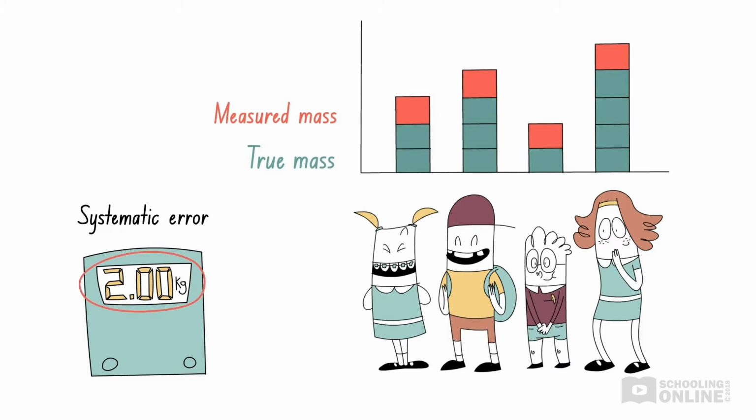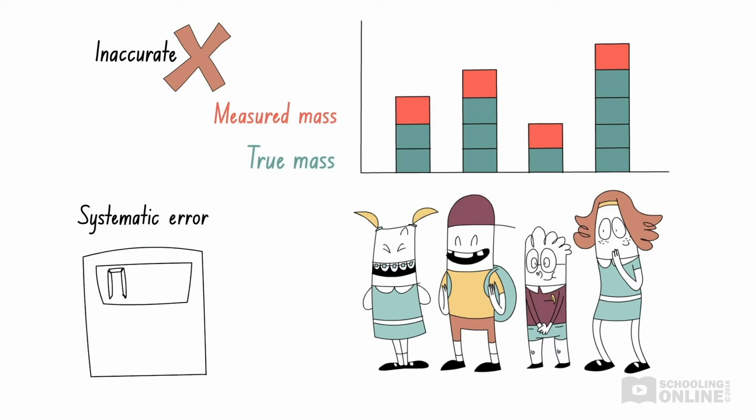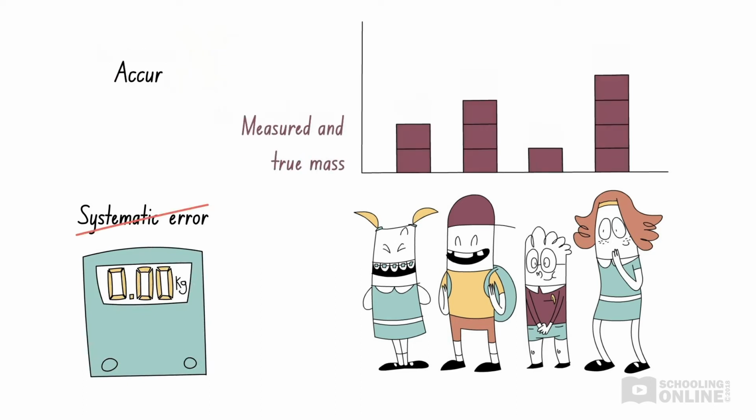The scale does not start at 0 kilograms, so of course it will not read the correct mass. As a result, there is a repeated error that causes everyone to appear heavier. If we reset the scales so that they start at 0, we can remove this systematic error, and everyone's mass will be measured correctly.